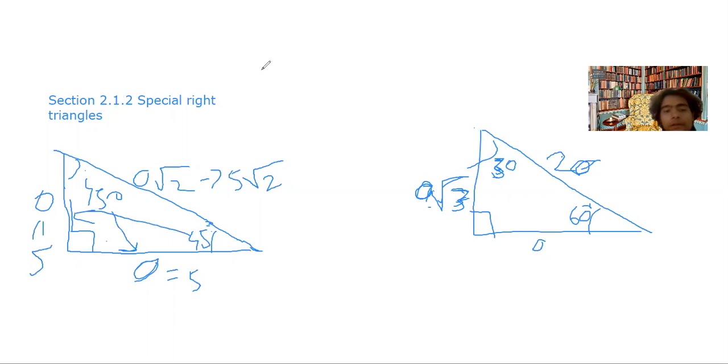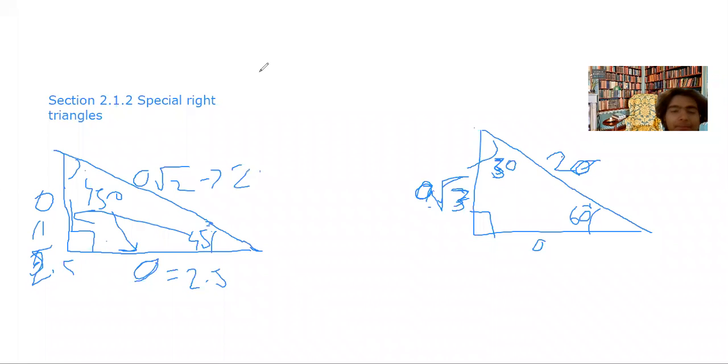I don't have any problems to give you on this. If I change it to 2.5, this one's going to be 2.5, and this one's going to be 2.5 times the square root of 2.